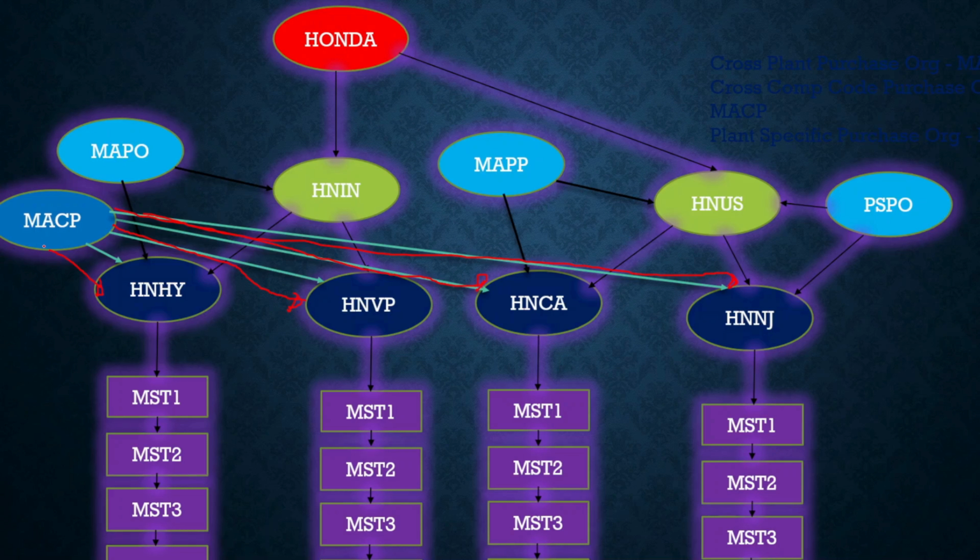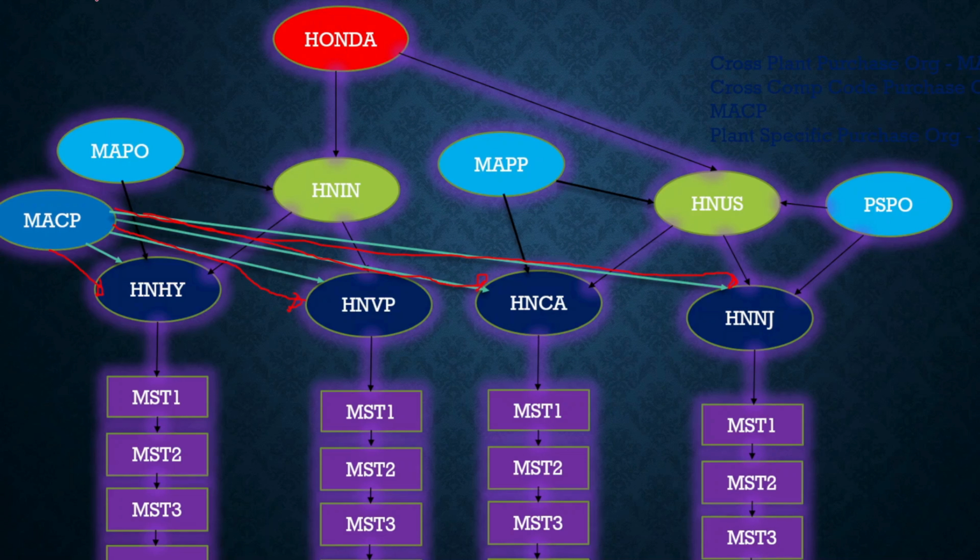Can you tell me which type of purchase organization MACP is? Guys, that's a very important topic. The interviewer is definitely going to ask a question from this topic, and there will be at least one question, it can be more than one, in the global certification exam.